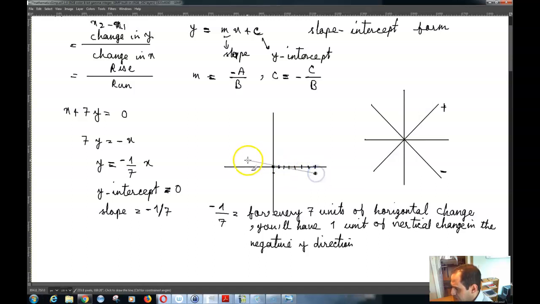As a result, that will be the graph of your line. If you understand that much about these lines, it's more than enough.